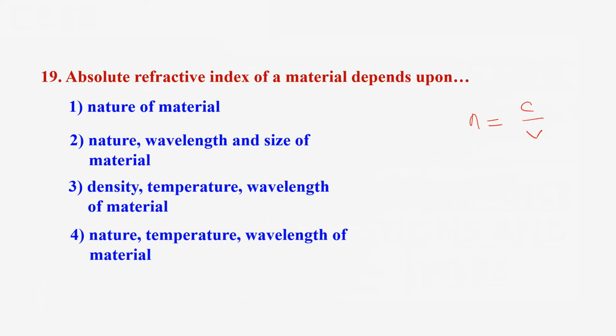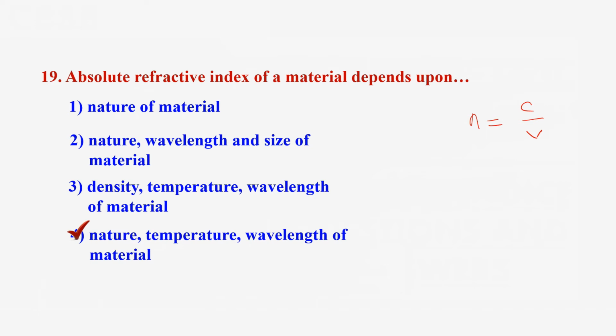It is defined as the ratio of the speed of light in air or vacuum to the speed of light in the medium. So it depends on the nature, temperature and wavelength of the material.